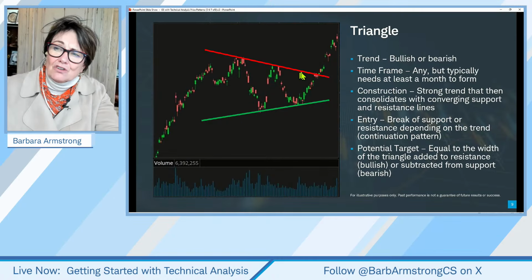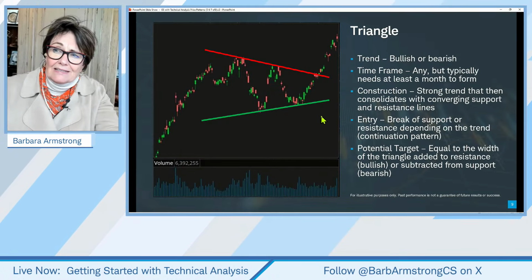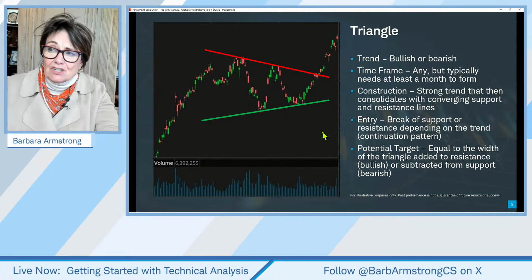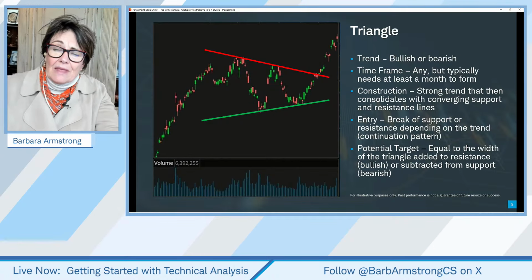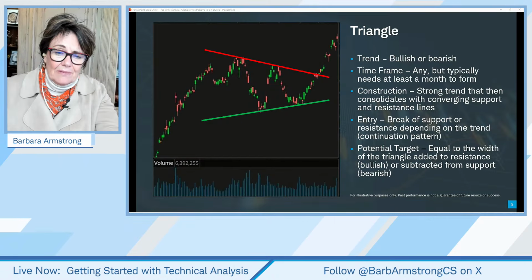And what a trader might be looking for is a break either to the upside or to the downside. If it breaks to the upside, then this was a consolidation and a continuation pattern. If it breaks to the downside, that might be an indication of a trend reversal. And if you're looking to place a target on this, many would measure it like this.